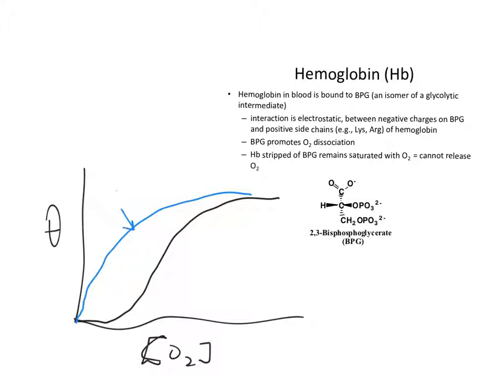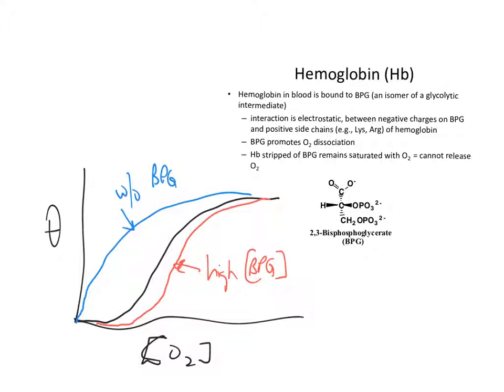So this is without BPG. And at high BPG concentrations, it's going to make it even more like that, because there's also an equilibrium constant for BPG binding. It's going to shift it to the right.